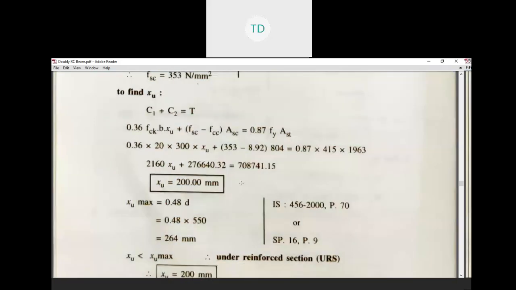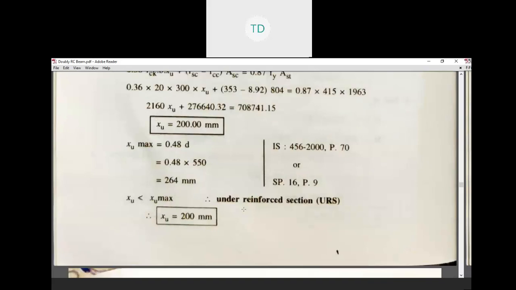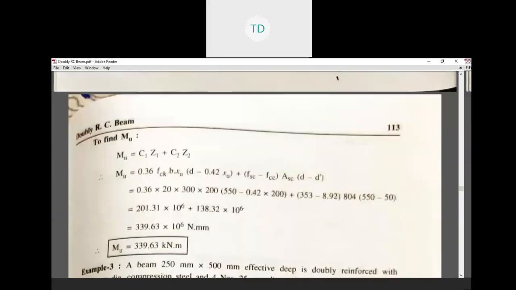Now for xu max, from IS 456 page number 70, we get the equation xu max is equal to 0.48 into d, which is 264. So xu is less than xu max. That's why the analysis is of an under-reinforced section.